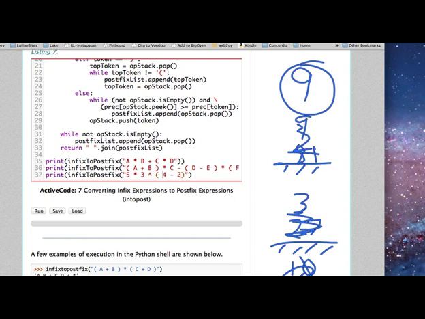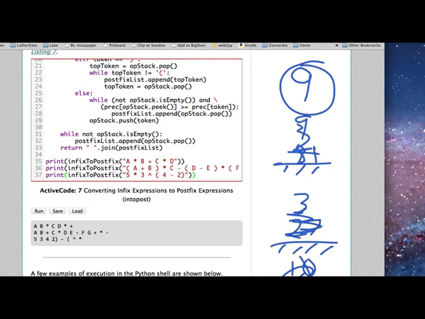Oh, I was missing a space there, huh? And I'm missing a final parenthesis. I needed a space there too. There we go. Much better.